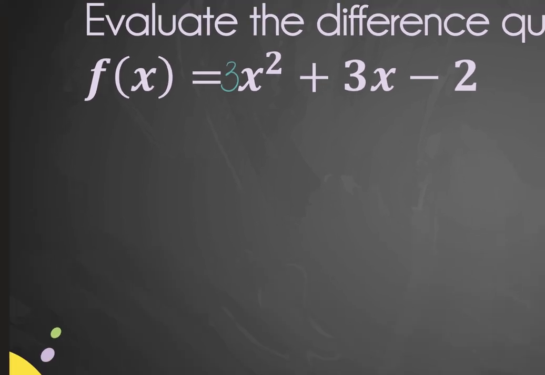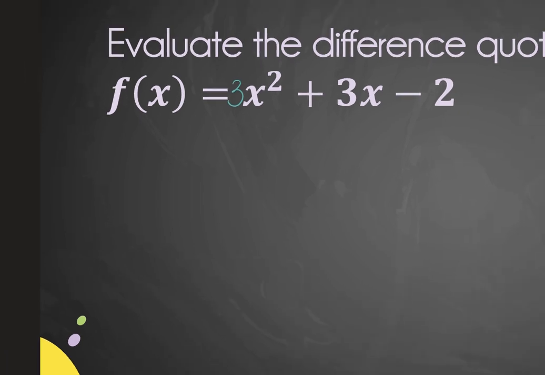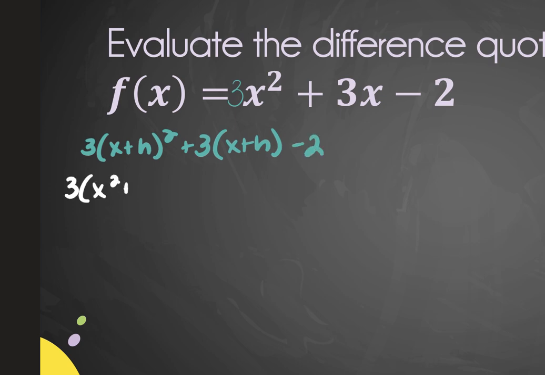First thing, listen, this is one of those processes that the more comfortable you get at it, the quicker you are and the more steps you can skip. So again I'll do f of x plus h first: 3 times (x plus h) squared plus 3 times (x plus h) minus 2. I know (x plus h) squared already is x squared plus 2xh plus h squared.